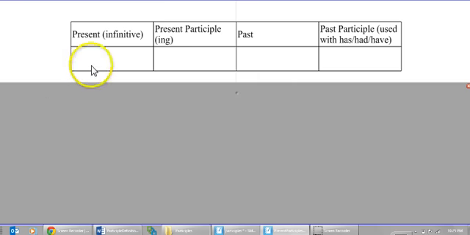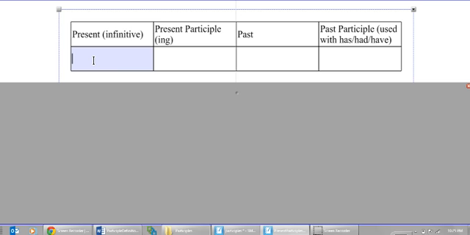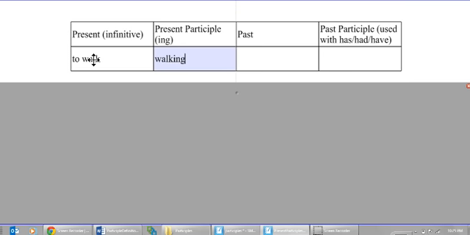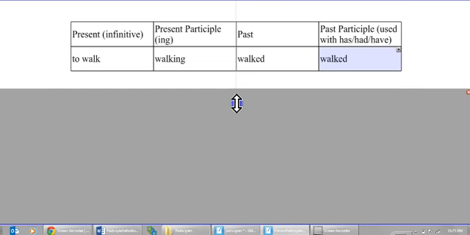Basically, I'm just going to do another example. So let's do walking. So to walk is the present infinitive. Walking is the present participle. Walked is the past. And have, has, or had walked is the past participle. So I don't have any examples here.